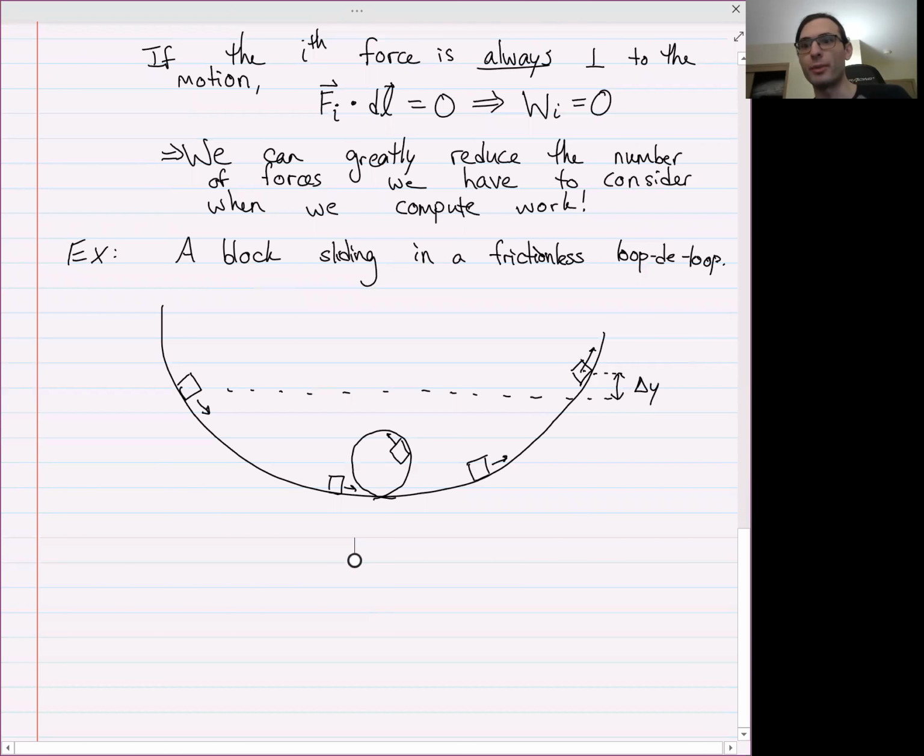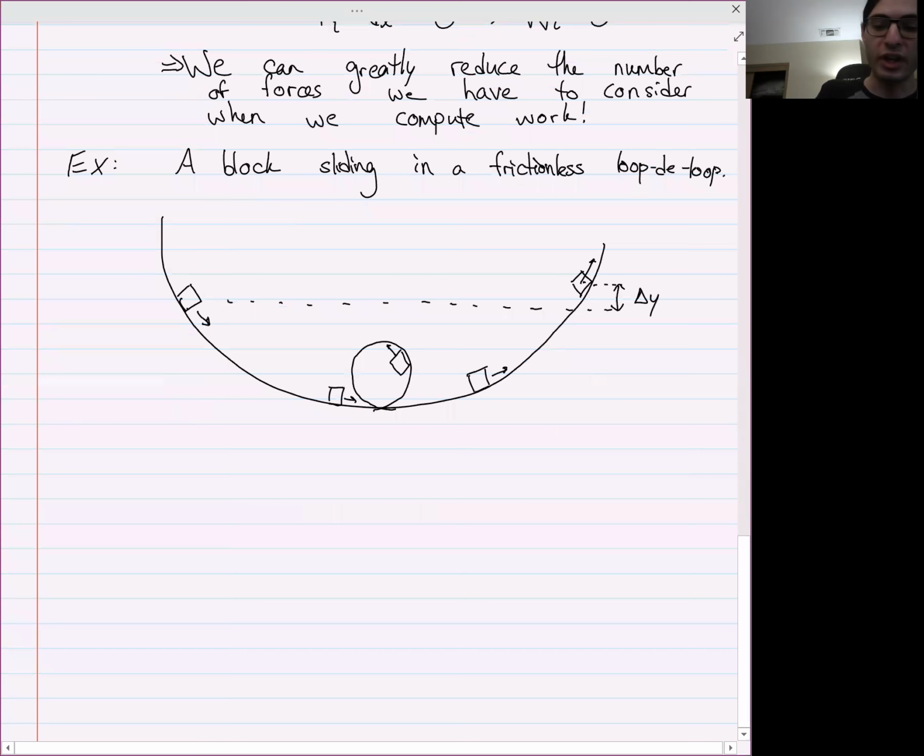So you would need to come up with a formula that tells you what the magnitude of the normal force and all of these other forces are as a function of position along this loop-de-loop, which would be really complicated if you wanted to figure out how high it goes after the loop-de-loop with Newton's laws. Even if you wanted to do the total work using the net force, you'd still have to know all these forces.